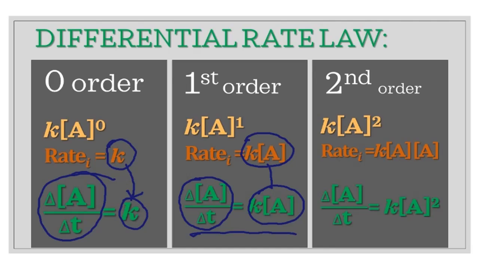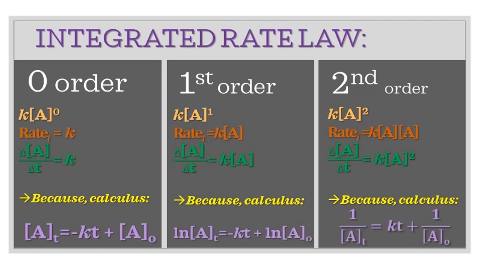And then the same thing over here. So this would be, of course, the change in concentration of A over the change in time, set equal to the second order rate law, which is the rate constant times the concentration of A squared. Now if we rearrange that, here's the zero order differential rate law formula.